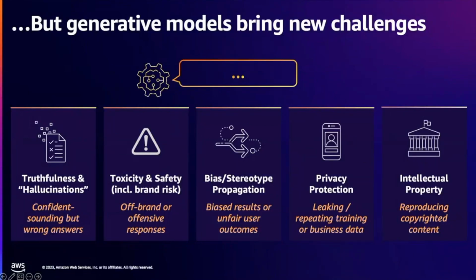And one additional thing that comes up a lot is hallucinations, right? We know that RAG is a powerful tool to avoid hallucinations. But even with RAG, we may have hallucinations.